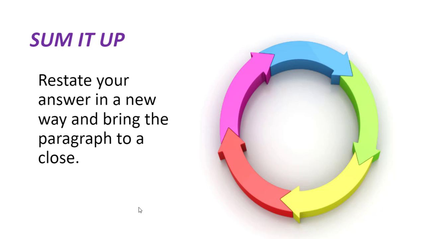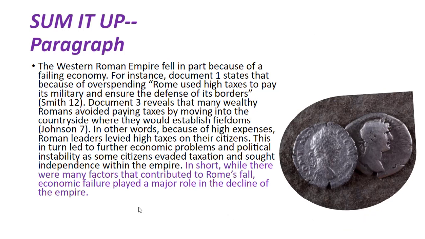Our last letter stands for sum it up. So this is where you're going to restate your answer in a new way and bring the paragraph to a close. You'll see here that in the first sentence, I wrote, the Western Roman Empire fell in part because of a failing economy. In the last sentence, I expanded upon what I meant by in part.